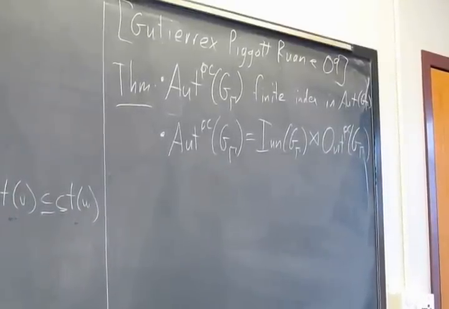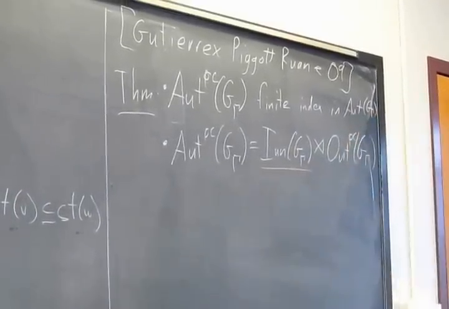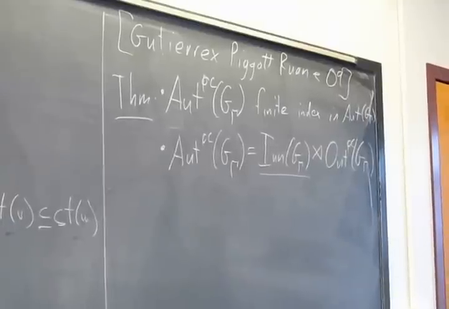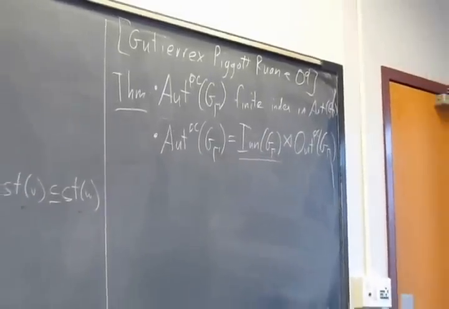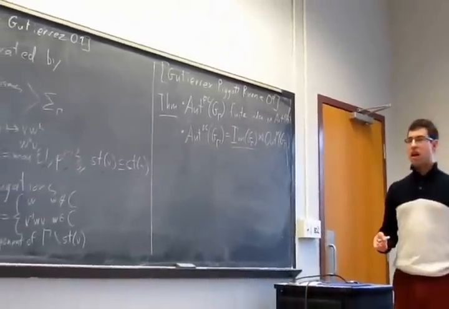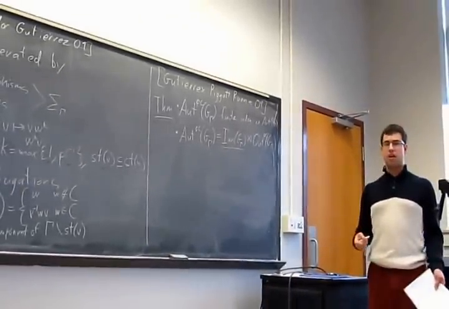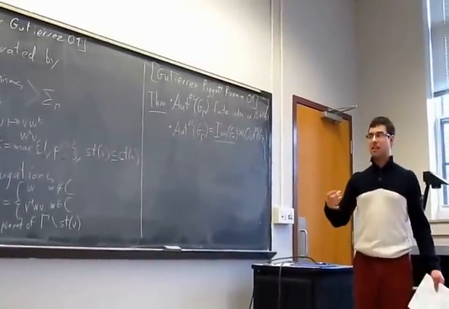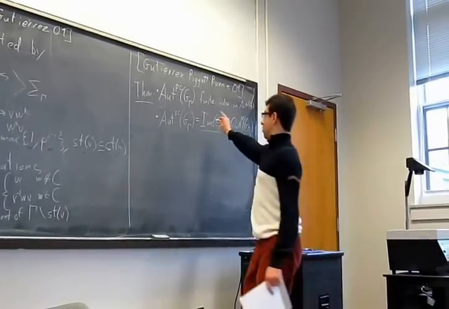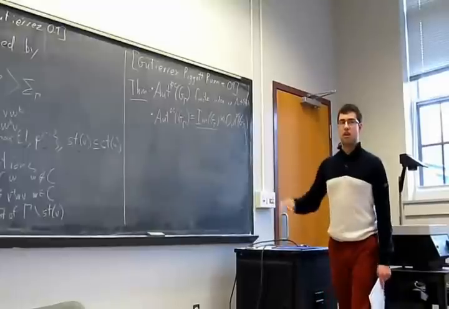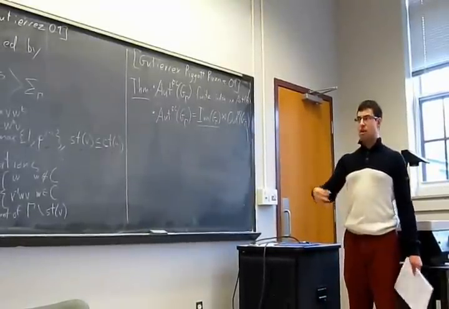Okay, so in for our group is just going to be the group mod its center. The center of one of these groups is going to be generated by vertices that are adjacent to everything. And if we were to just do that quotient anyway, we would just get another slightly different graph product of finite cyclic groups. So regardless of whether we have a center or not, it's just going to be, again, a graph product of finite cyclic groups.